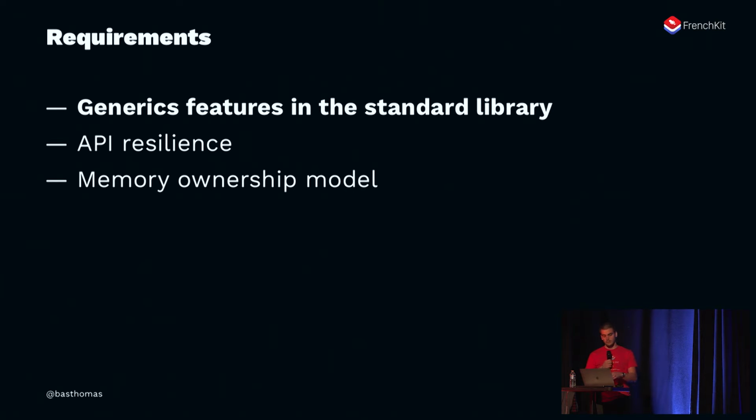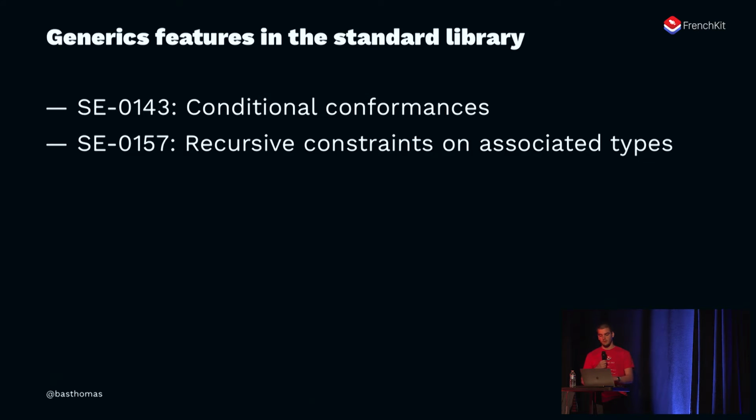So let's talk a little bit more about the generic features in the standard library. There are two proposals that have already been proposed and accepted, and that's basically all that needs to be done to get that done.